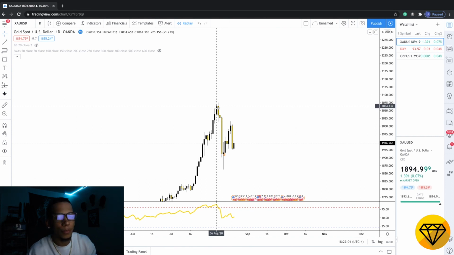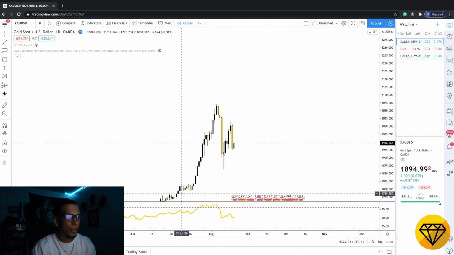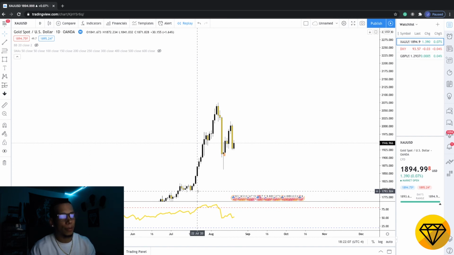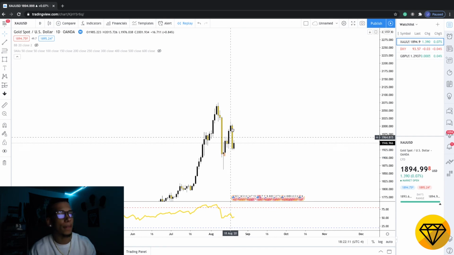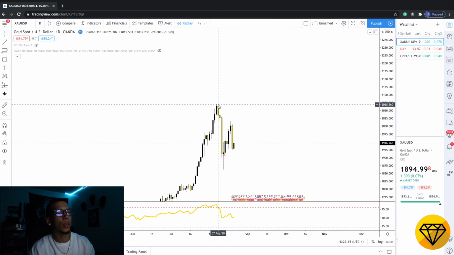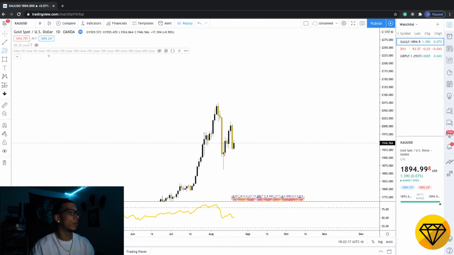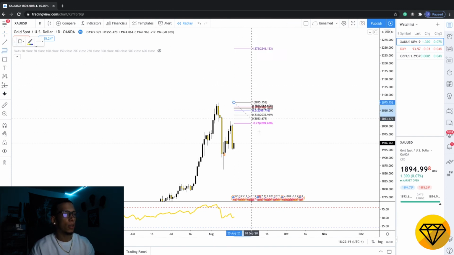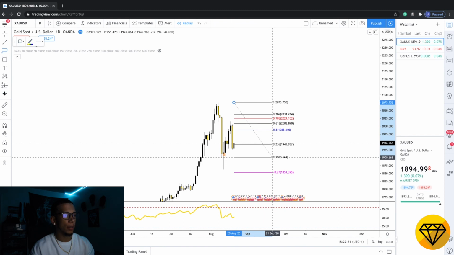Obviously, what you did first was use the fib to gauge where to get in for the bullish movement. But you have to understand this was also an impulsive bearish movement. So you could have taken the fib here to here.